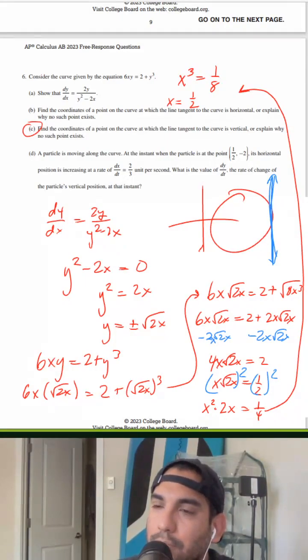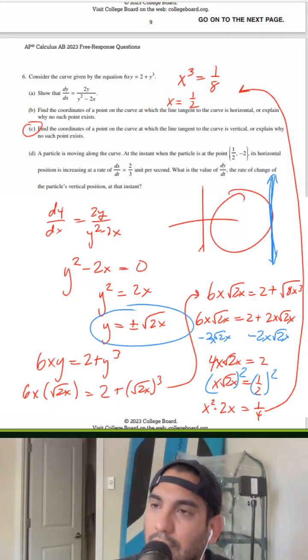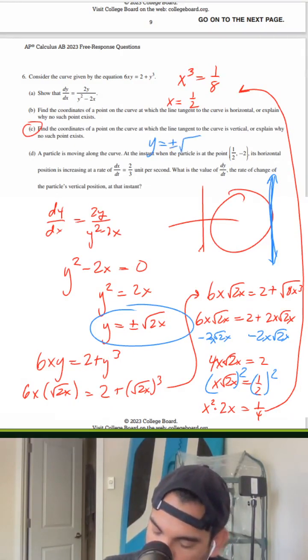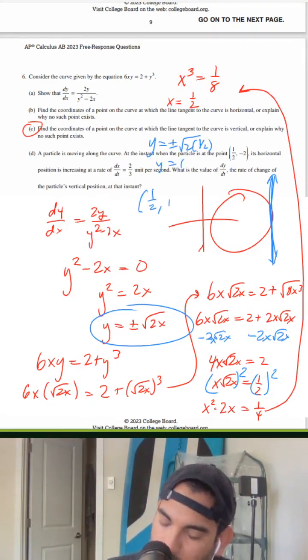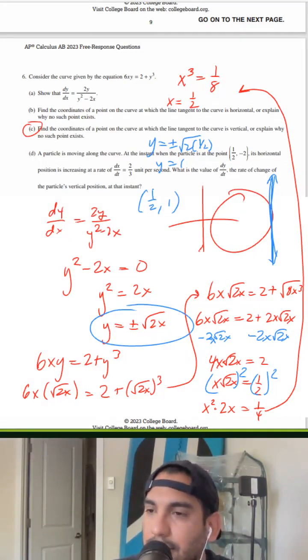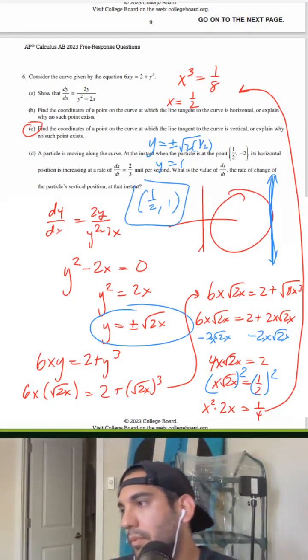So what we need to do is plug it into my y equation up here, the one I just circled in blue. So I got y is equal to plus or minus root, and then we have 2 times 1/2, and that just becomes 1. So we have 1/2, 1, and I believe if I do the negative, I think we're still going to get the same answer. But this is one of the answers.